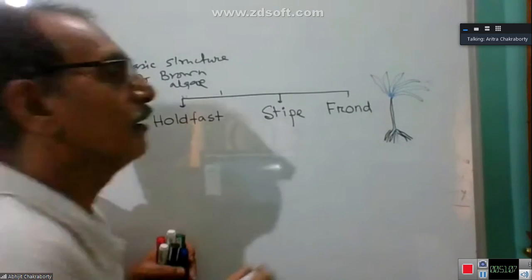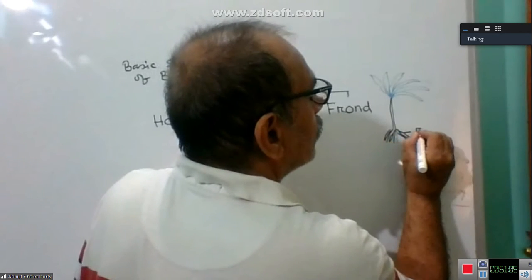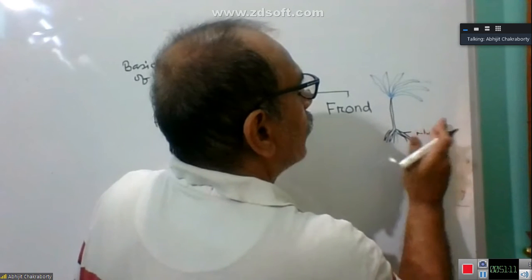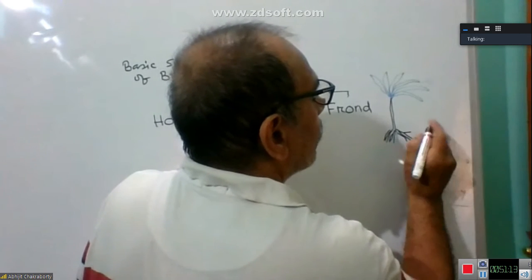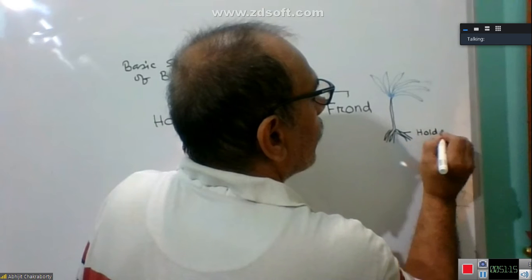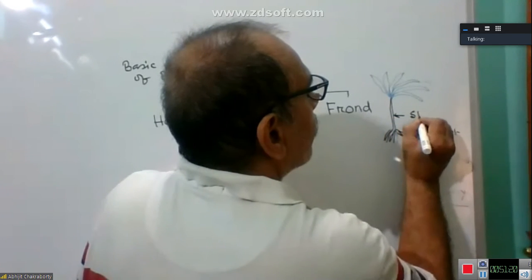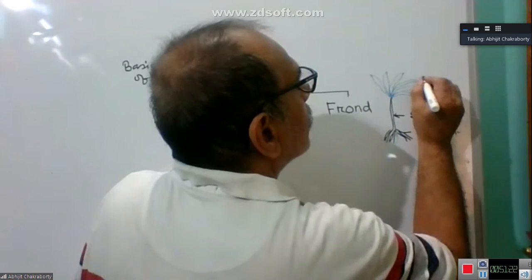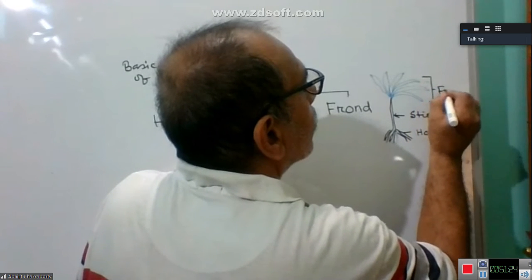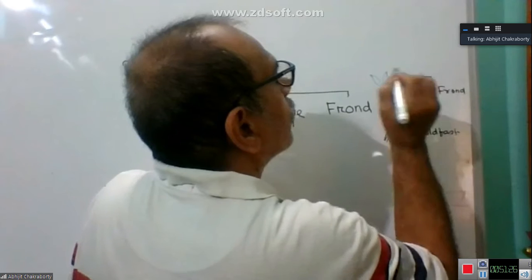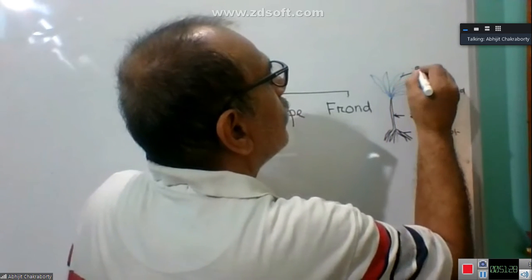So this is called rhizoid, or holdfast. Each leaf-like structure in front is called a blade.